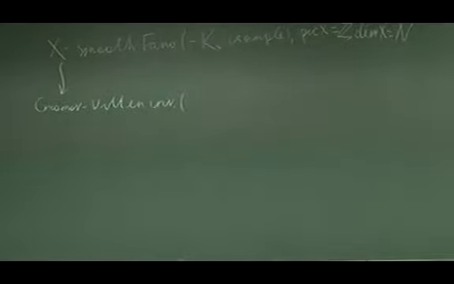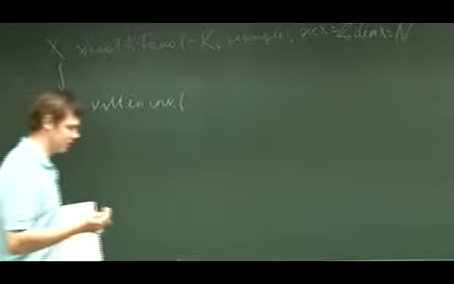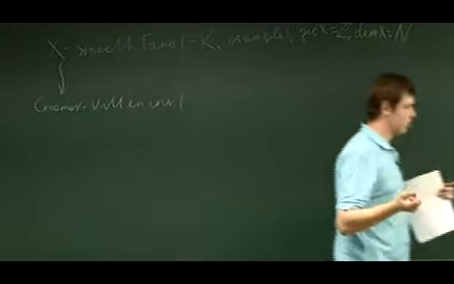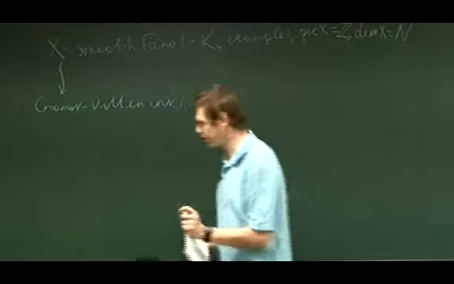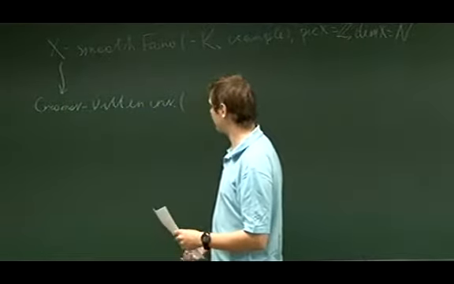Examples are how many lines pass through 2 points on P2. We know it's only one. Or how many lines pass through a point on a three-dimensional cubic, it's 6, or conics intersecting some lines, or of this type.